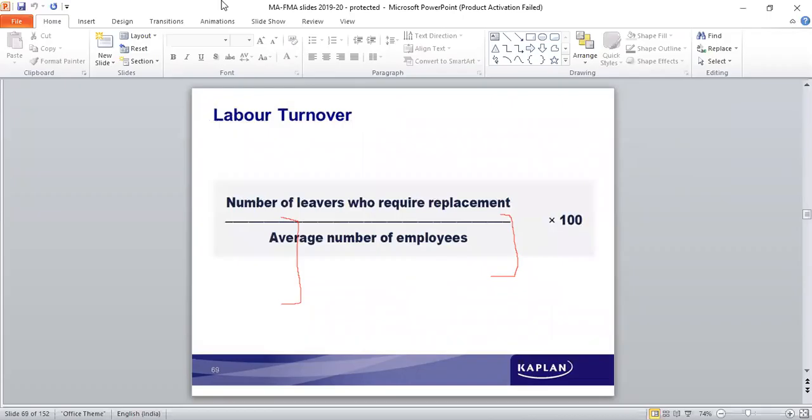There is a concept of turnover. What does it mean by turnover? Whenever the employees are appointed, that's the count of people who are employed. Then, if there is a change in the number of employees, sometimes it is very specifically on account of replacement.